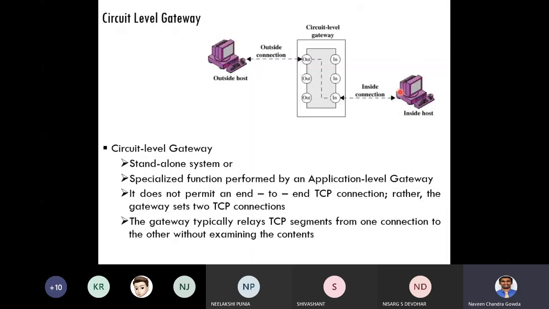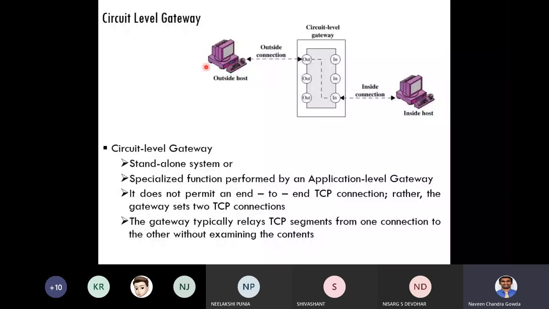Again, let me repeat. Whenever you make use of the circuit level gateway, even though connectivity is required, it will never allow the end-to-end TCP connection. End-to-end TCP connection means direct connectivity between the outside host and the inside host.